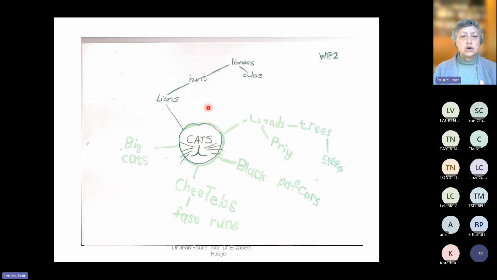So let's see what else, what other big cats do you know about? And the child said that she knows about leopards. And now you let the child do the writing. And the child wrote leopards, L-E-P-A-D-S, which is phonetic spelling.